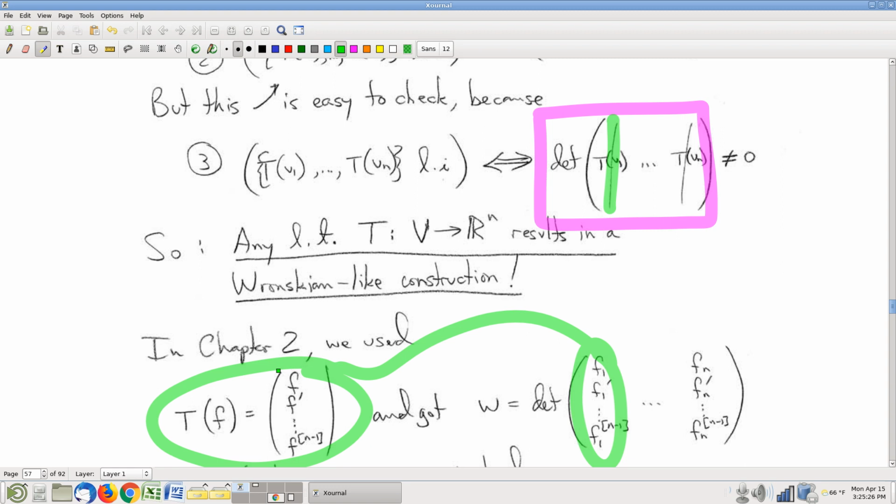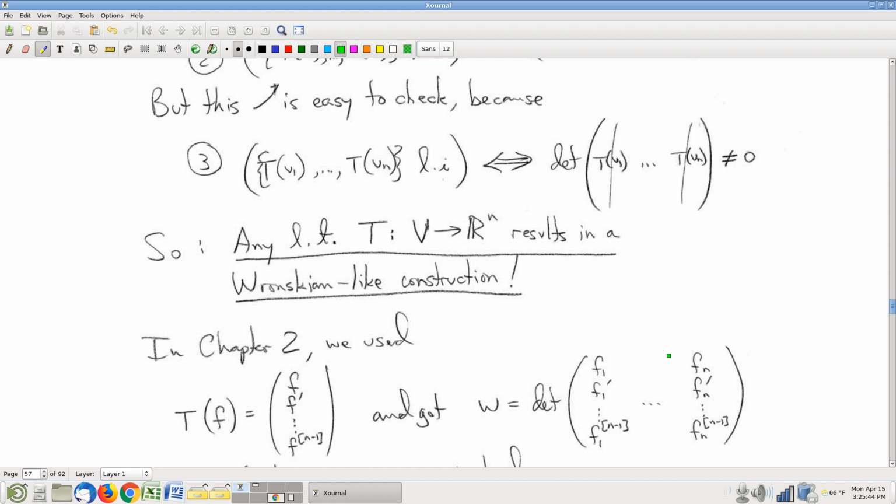If you take this specific linear transformation and plug it into that construction in purple up there, which is not hard to confirm, y'all can do this on your own, you get the classic Wronskian. Take any other linear transformation, you get a new Wronskian.